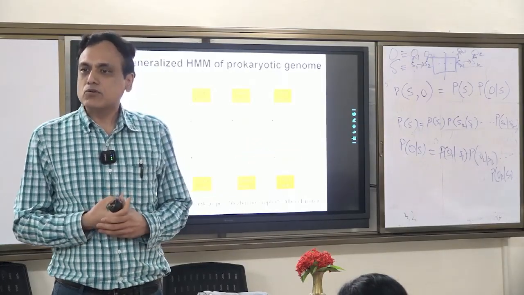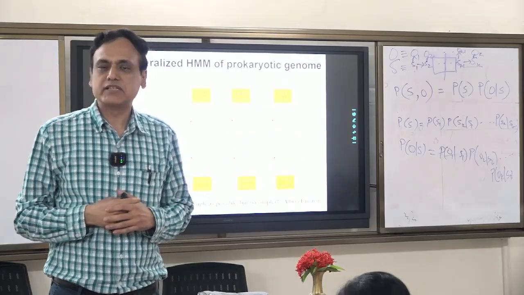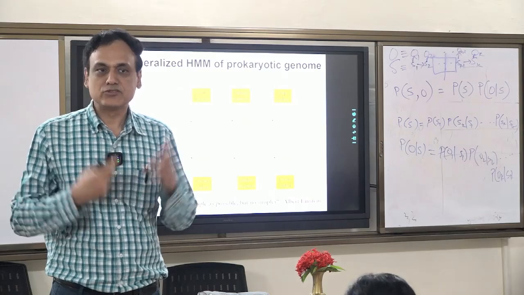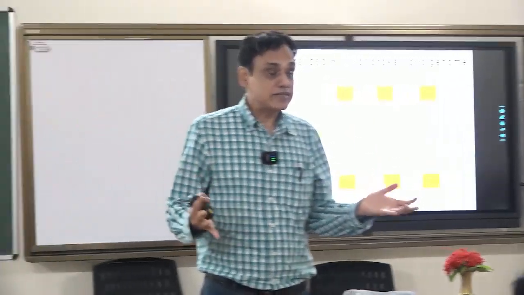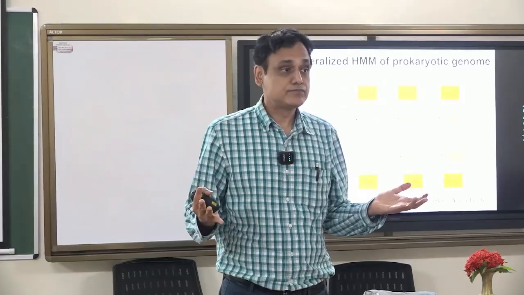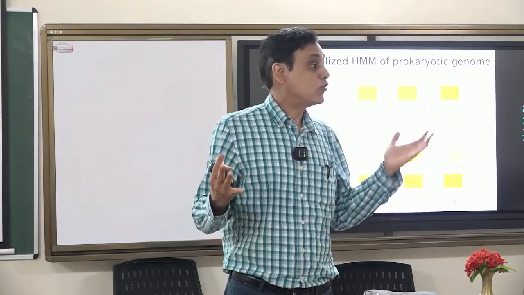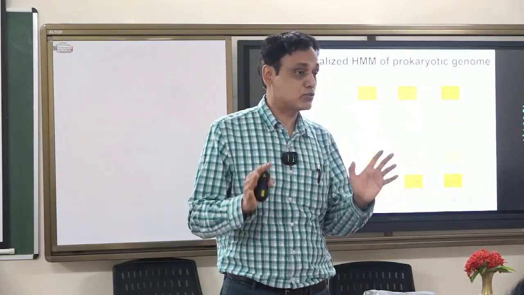Multiple non-coding nucleotides will be emitted according to which model of non-coding sequence? You just learned. Non-coding nucleotides will be emitted according to a homogeneous or inhomogeneous Markov chain? Homogeneous for non-coding, inhomogeneous for protein coding.